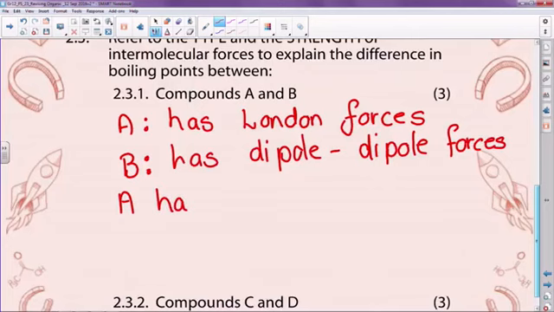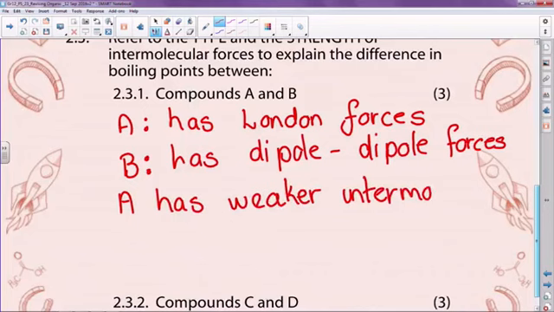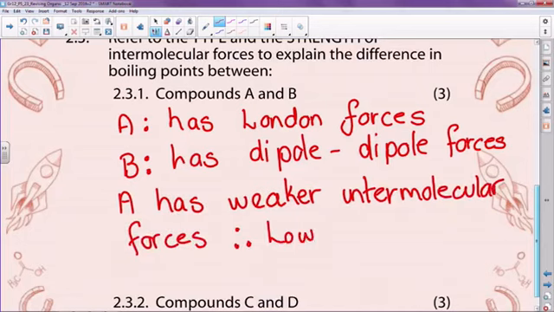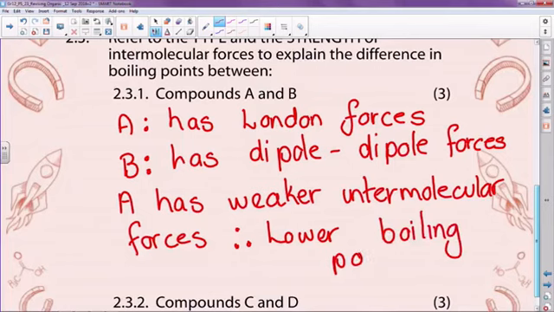A has weaker intermolecular forces, therefore lower boiling point. So just saying that you had London and dipole wasn't enough. You had to say which one's stronger and which one's weaker.